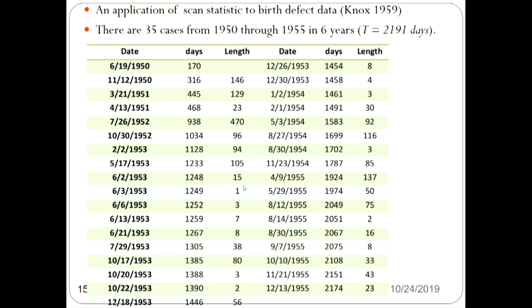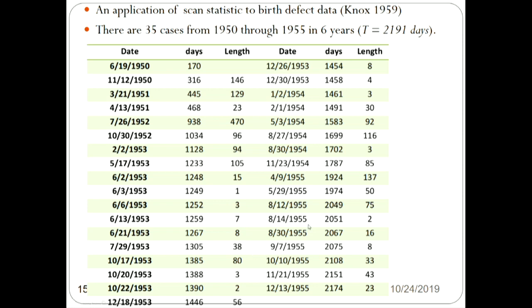So 1 day later, another event happened. And 3 days later, on June 6th, 1953, another event happened. And then 7 days later and 8 days later. So if these numbers are small, the lengths between events are smaller, which means it could be more crowded or more clustering of the events happening here.